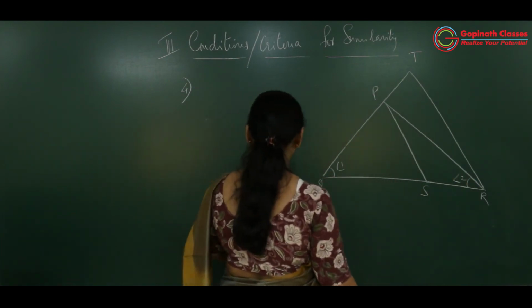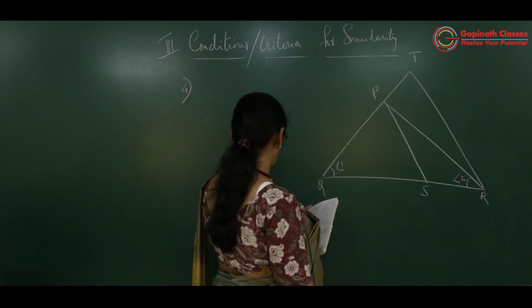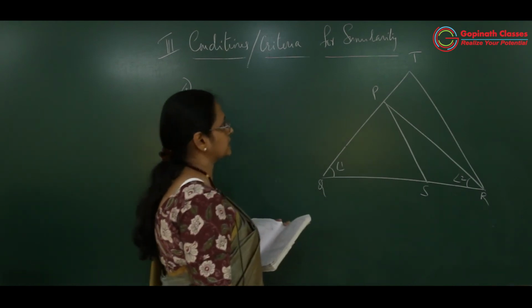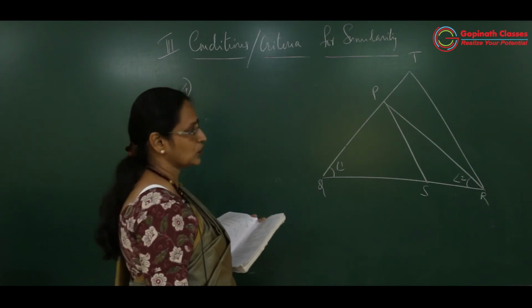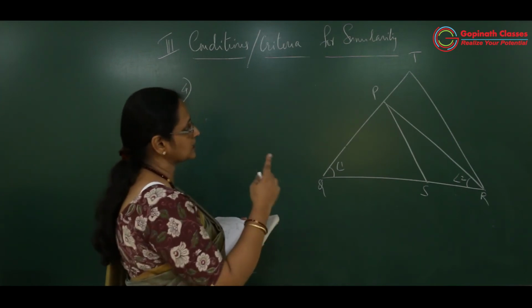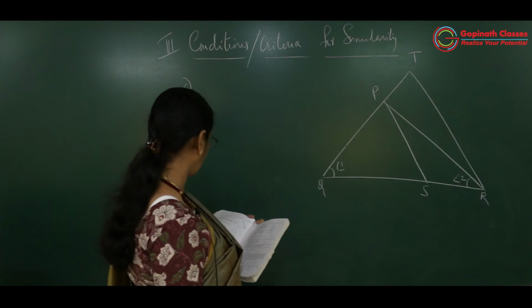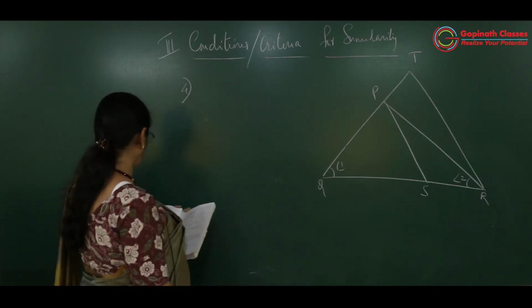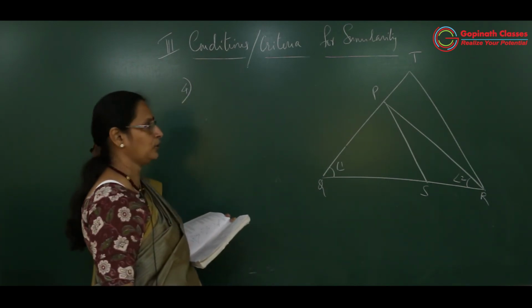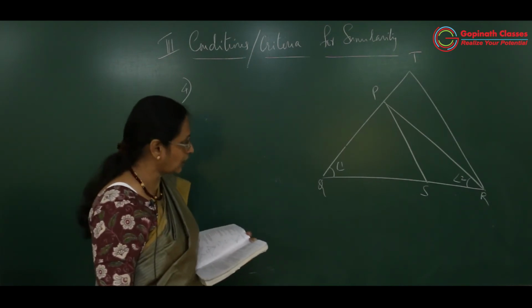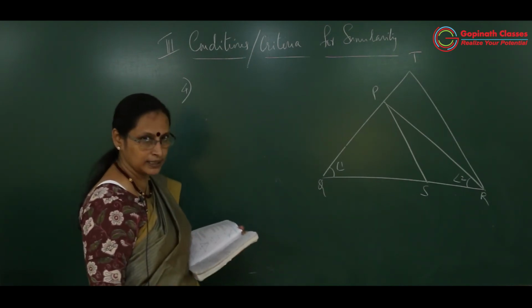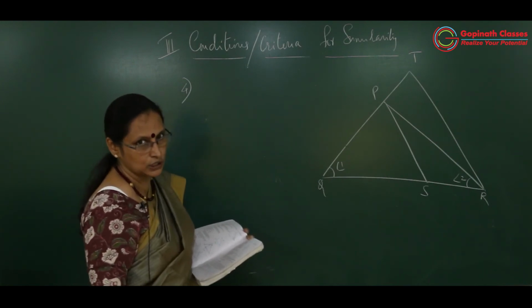It's given angle 1 equal to angle 2. That's all. What do you want to prove? Look at the small triangle PQS is similar to TQR. And also given QR upon QS is equal to QT upon PR. So given and prove, it's very simple to write.